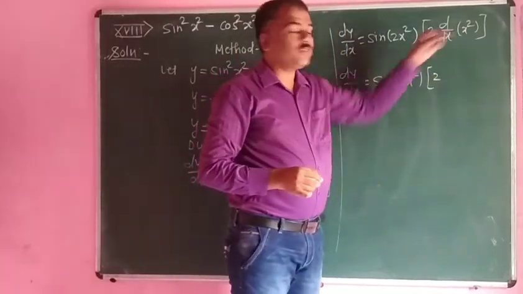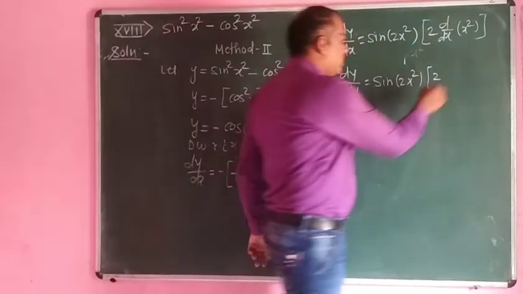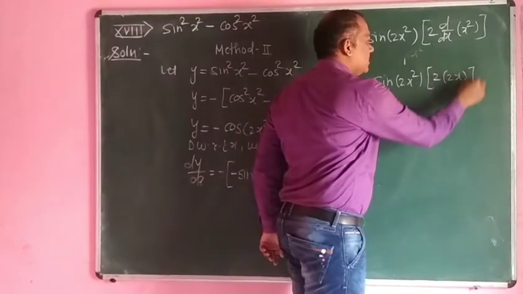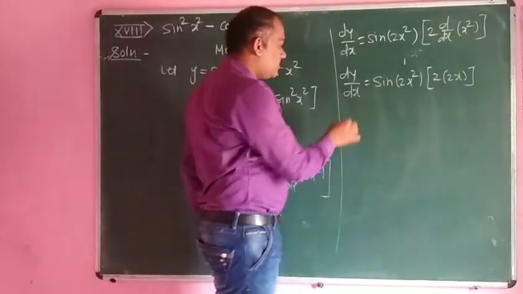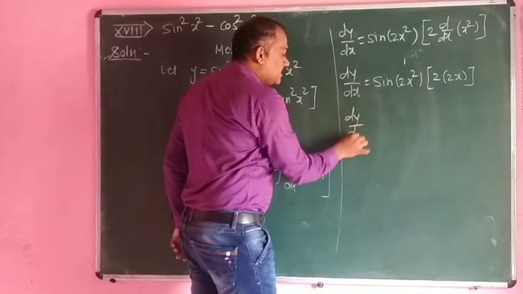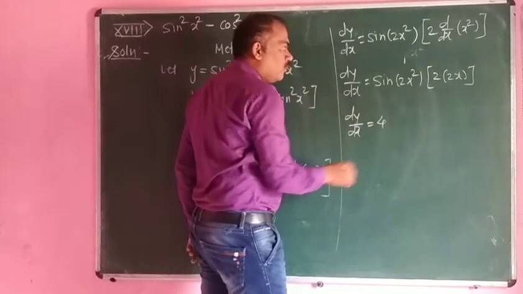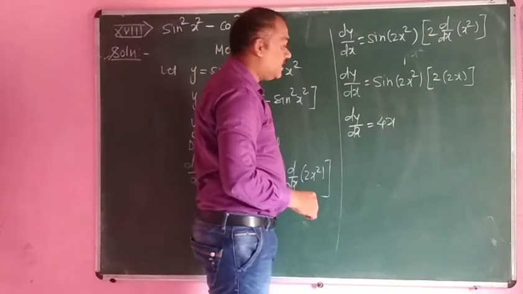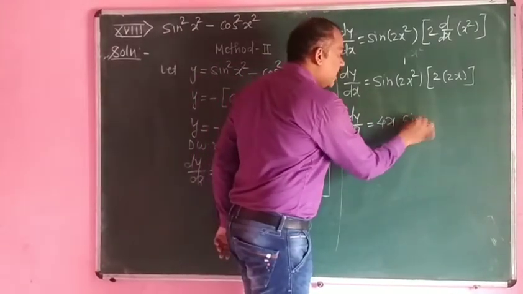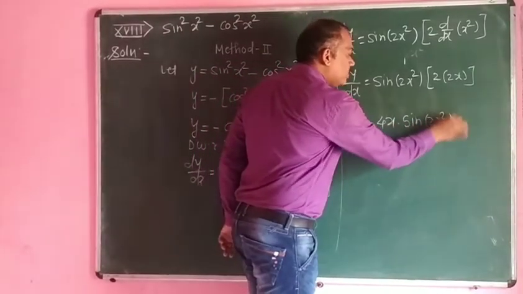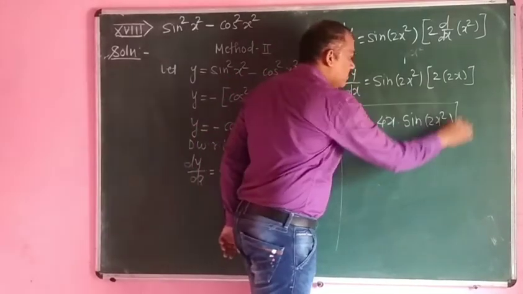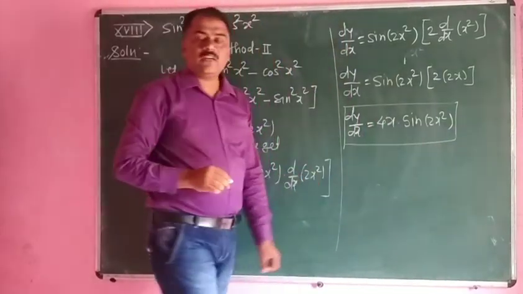The derivative of x square is nothing but 2x. 2 into 2 is 4. That is why dy by dx is equal to 4x into sin of 2x square, which is the required answer.